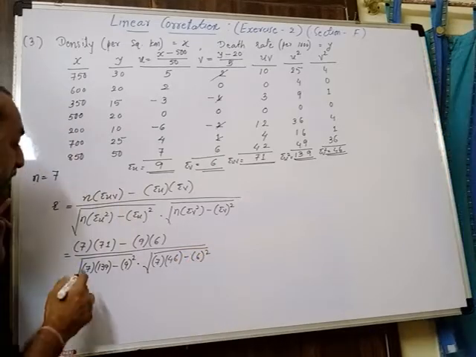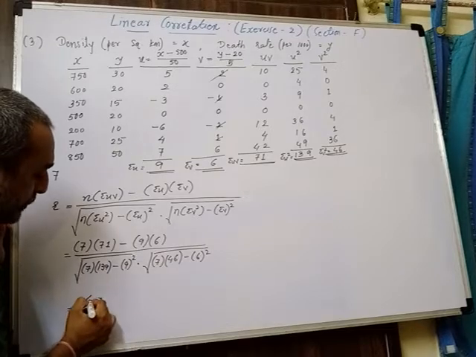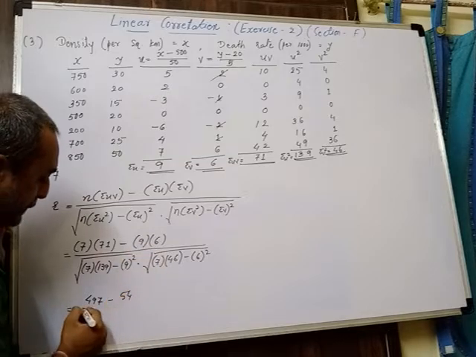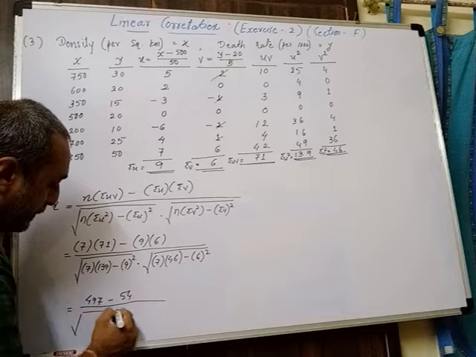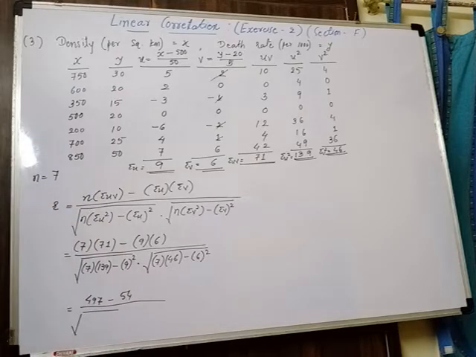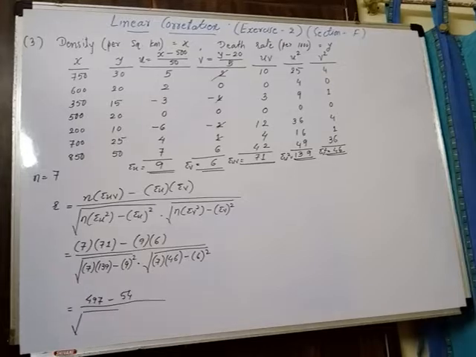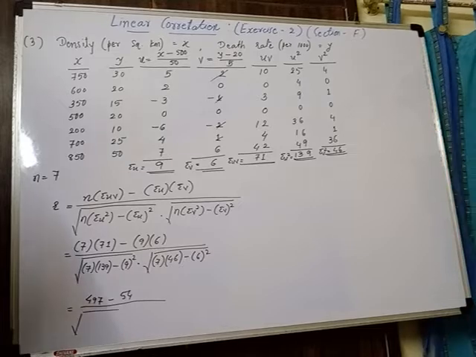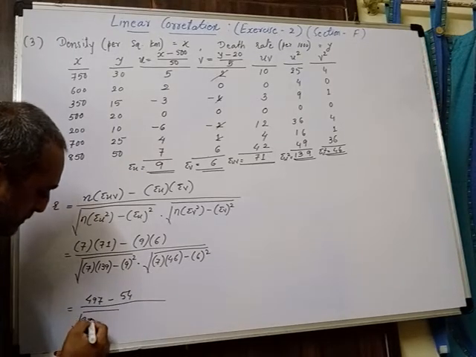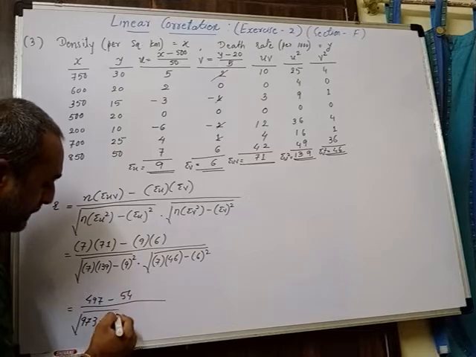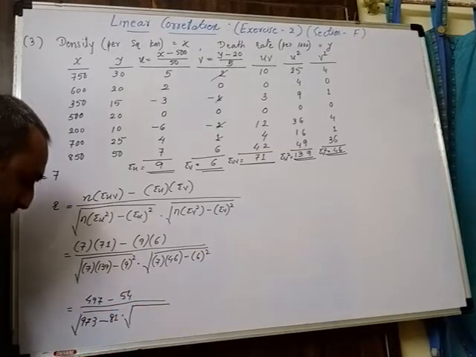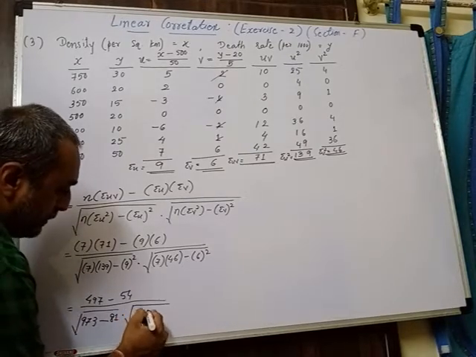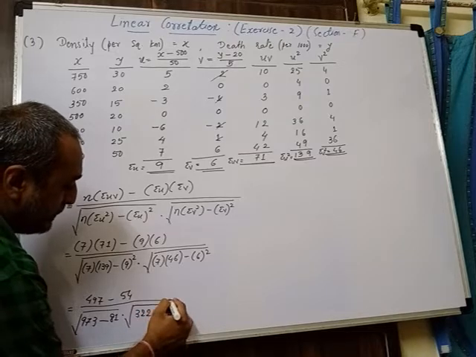So accordingly, 7 into 71 it is 497 minus 9 into 6, 54, divided by, into the first root, it is 7 into 139, that comes to 973 minus 9 square is 81, into the another root, 7 into 46 that is 322 minus 6 square is 36.